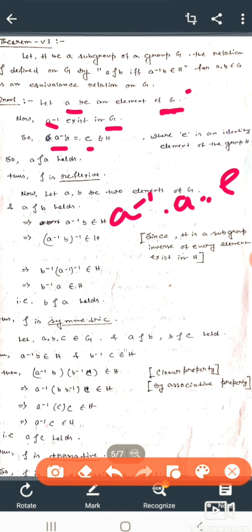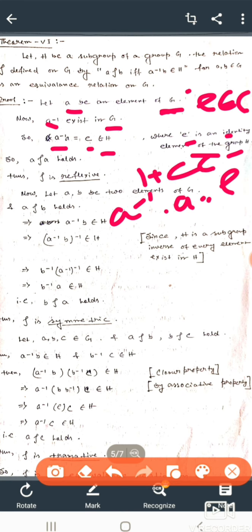E belongs to H, because E is the identity element of G, and H is a subgroup of G, so E is also the identity element of H. We already discussed this in previous theorems. So E belongs to H.